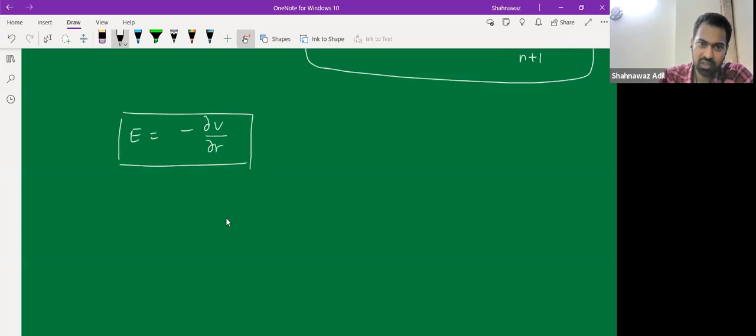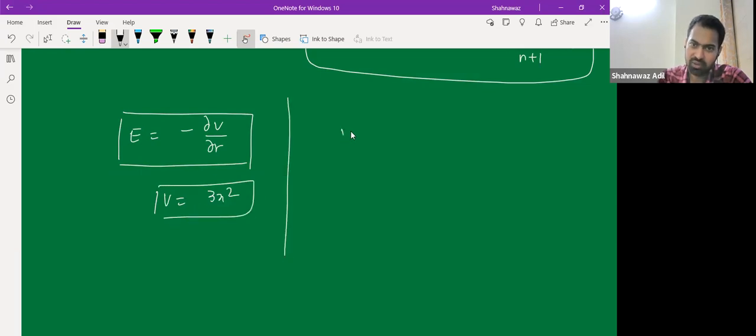One case we did was V equal to 3x square. Now let's say that V is 3x square y, so electric field has 3 components.